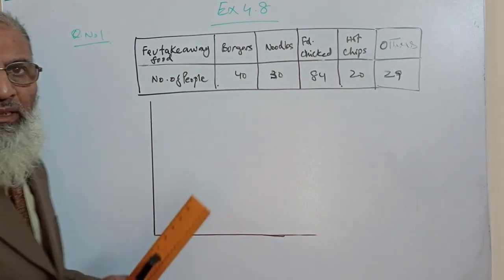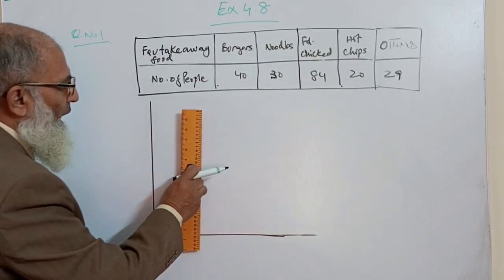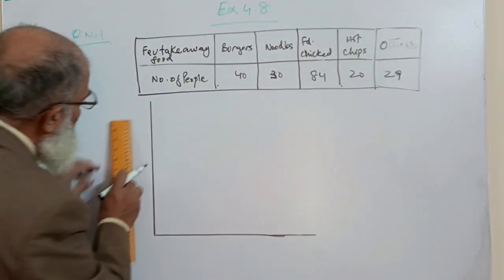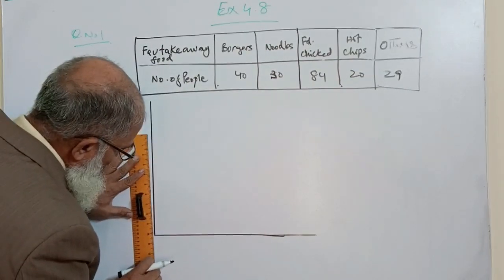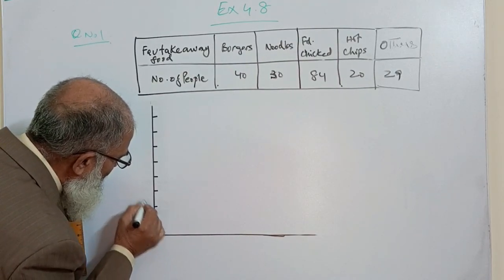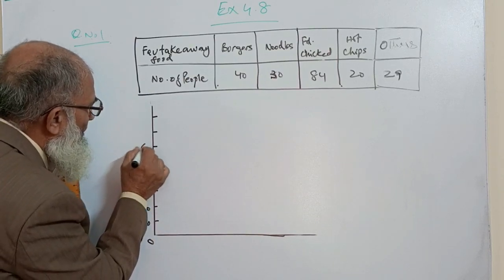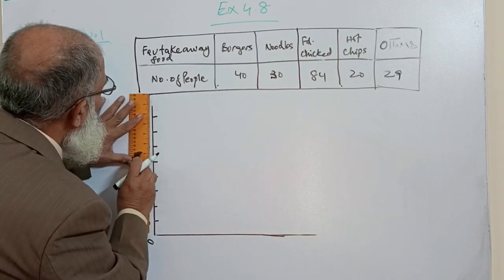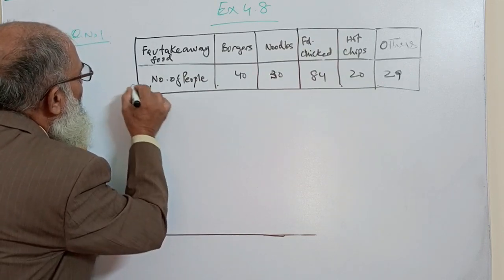I have never made these bar charts horizontally, so I always make them vertically. This is my personal experience. Now let me draw it like this over here: 0, 10, 20, 30, 40, 50, 60, 70, 80, 90, and 100.